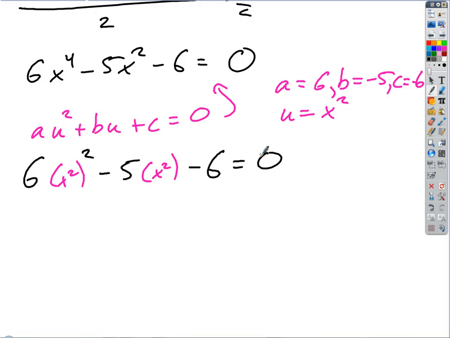And so now that's fitting our quadratic pattern. Now, does this factor? Well, not easily. This is one where a is equal to 6, and if you were solving this problem in chapter 5, would you have tried to factor this? No. What would you have done? You would have used the quadratic formula, right? The quadratic formula works here.